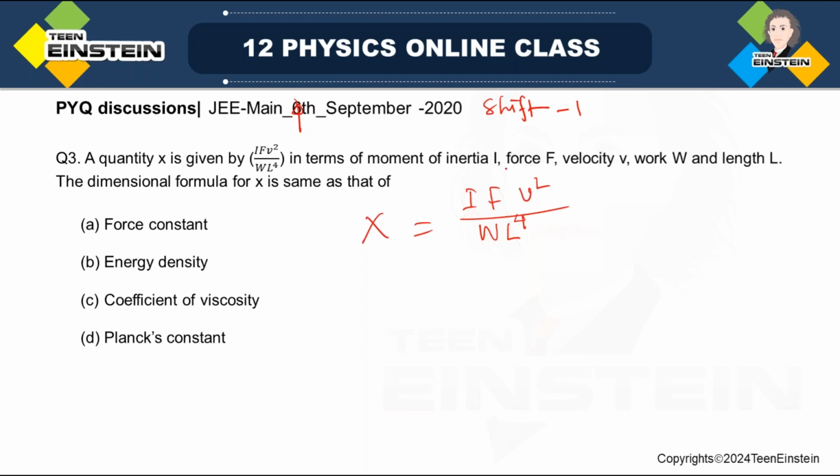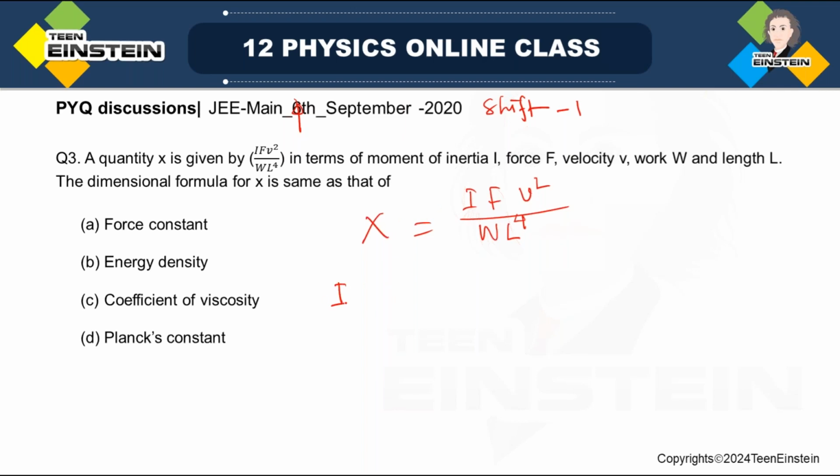Look here, this I is moment of inertia, this f is force, v is the velocity, w is the work done, and l is the length. Now you have to find out the dimension of this x.